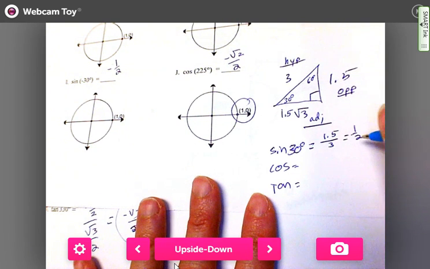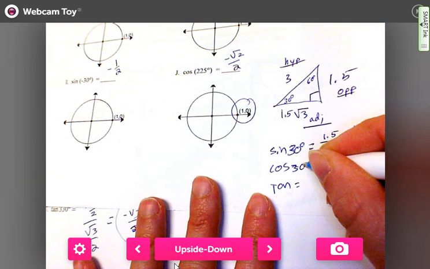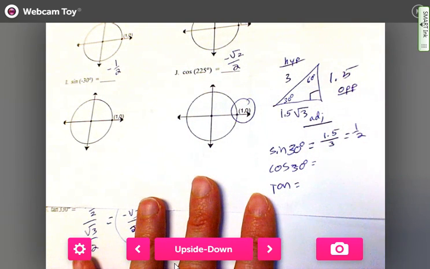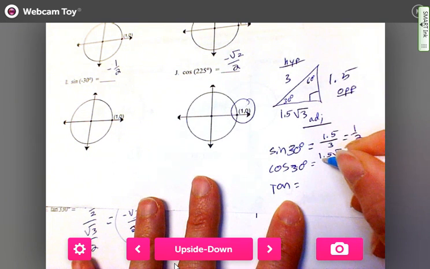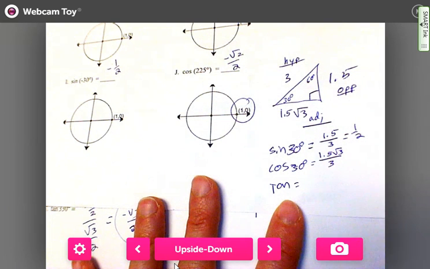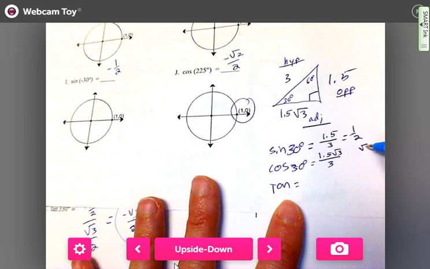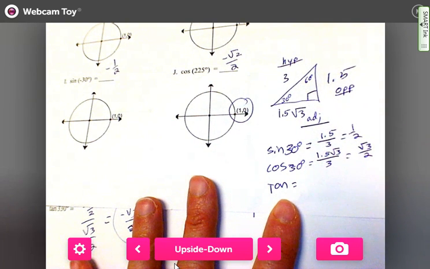Okay, what's the cosine of 30 degrees? What's adjacent? 1.5 square root 3 over 3, so that would be square root 3 over 2. Oh, interesting. They're very similar.